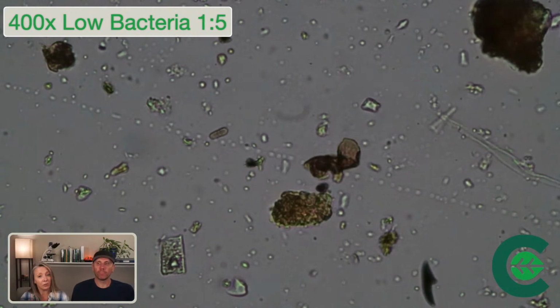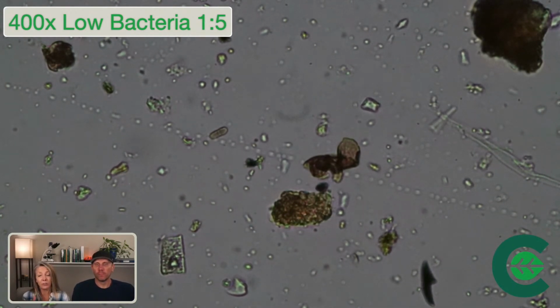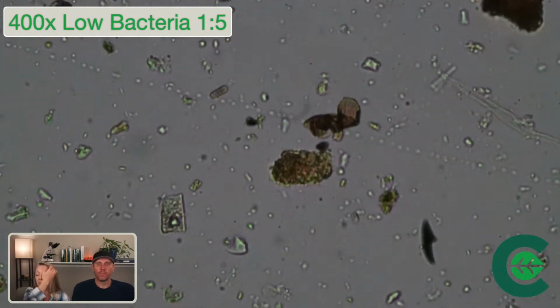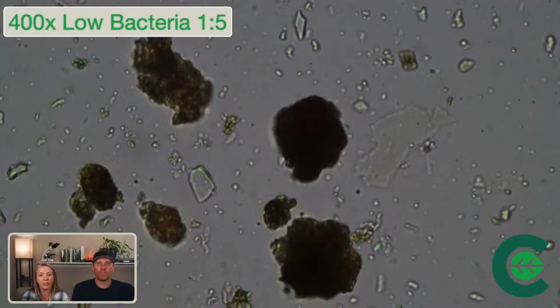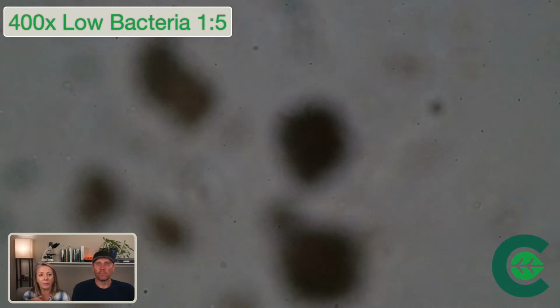So is this too low? Or is this right at the threshold? Or is this somewhere in the middle of the green zone, the healthy zone? I would say this is probably more around the bottom of the healthy zone, the very minimum amount you'd want to see in your sample.